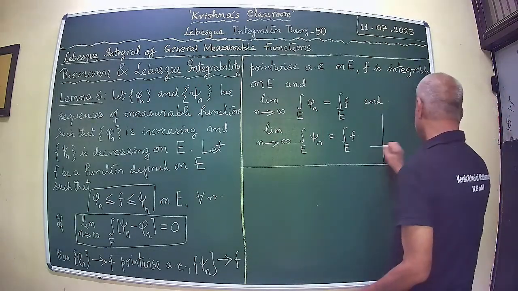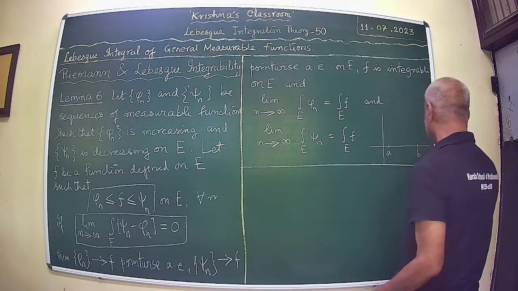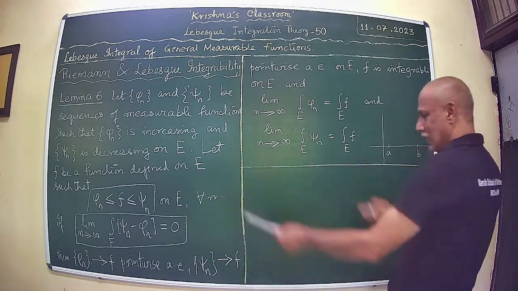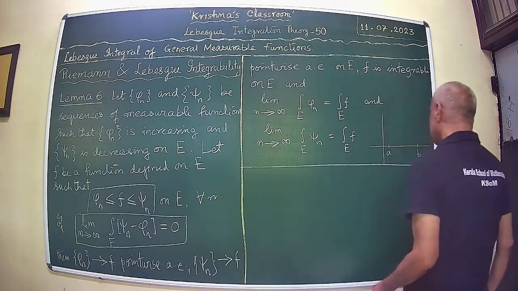I just give a schematic diagram. It is not the proper diagram. I am just using an interval here, but it's not an interval. What you are saying is E is a measurable set.